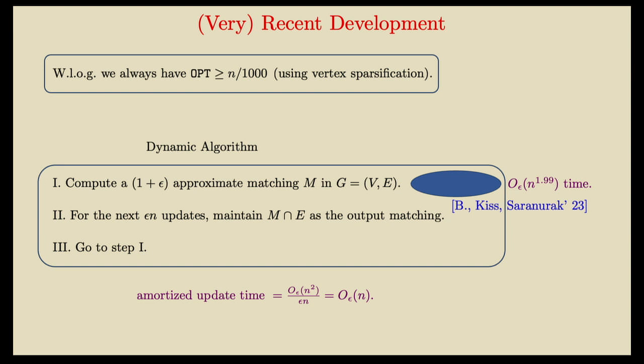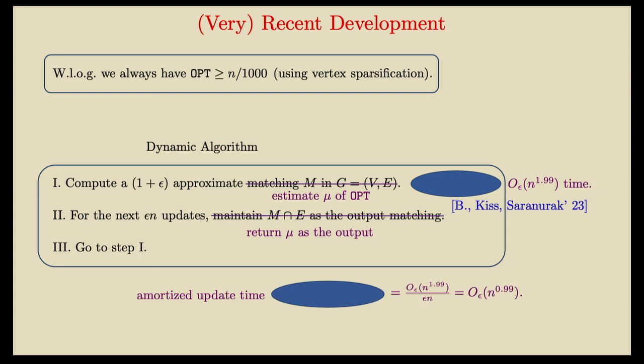And since this is a sublinear algorithm, we can only estimate the value of the opt, but it is fine for the next epsilon n updates. We just return this value as our estimate, everything else remains unchanged, but now our update time just becomes n to the power 1.99 divided by epsilon n. So, it is better than order n update time.